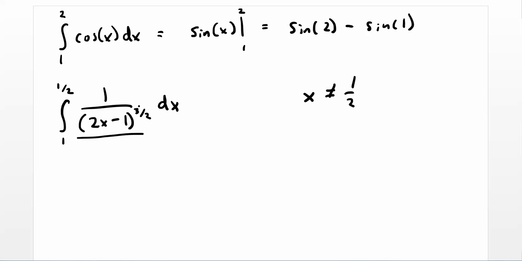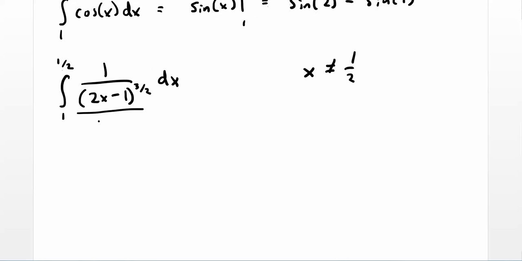So we have to treat this instead as a limit problem, and we'll just change it a bit from 1 to 1/2. We'll change the upper bound to something like b. You can use anything you like.